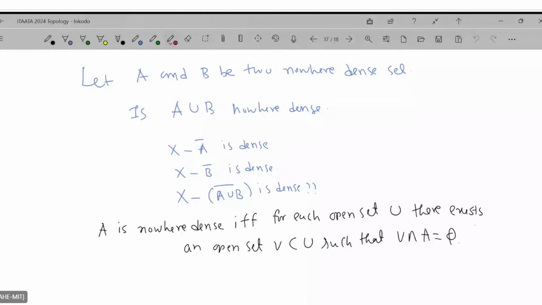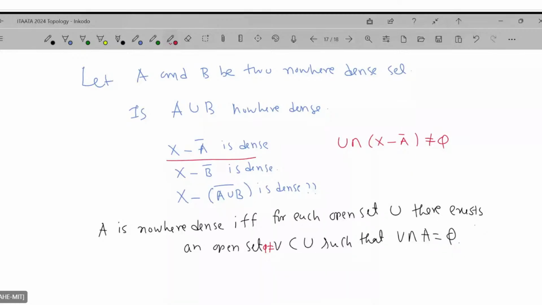So one part: whatever open set you have, because X minus A bar is dense, what will happen? U intersection X minus A bar will be non-empty. By the way, this is a non-empty open set, otherwise it has no meaning, it is obviously going to be empty.